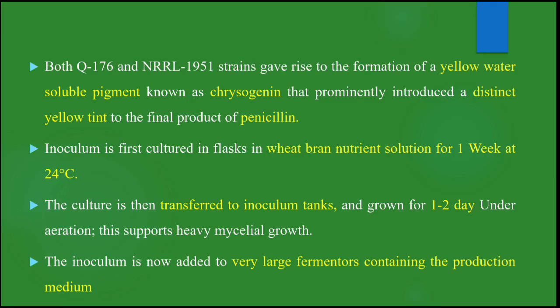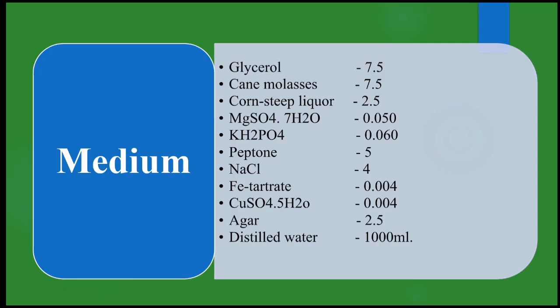Inoculum is first cultured in a flask in wheat bran nutrient solution for 1 week at 24 degrees Celsius. The culture is then transferred to inoculum tanks and grown for 1 to 2 days under aeration. This supports heavy mycelial growth. The inoculum is now added to very large fermenters containing the production medium.